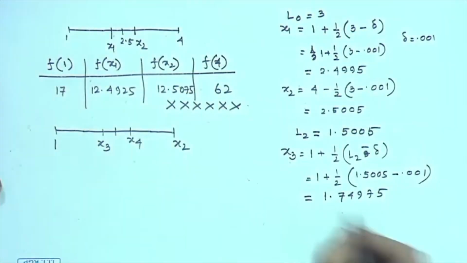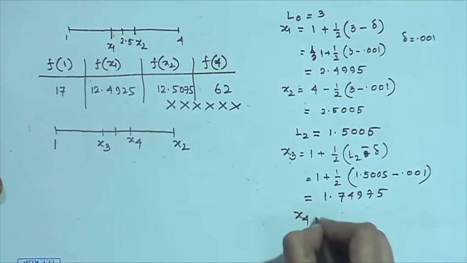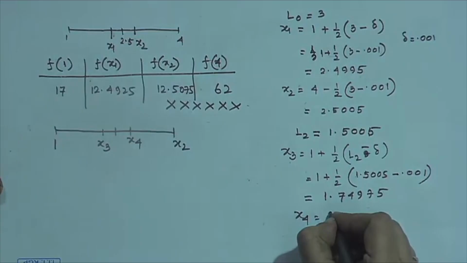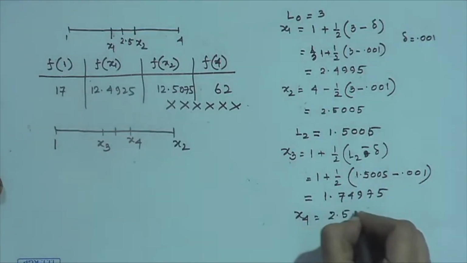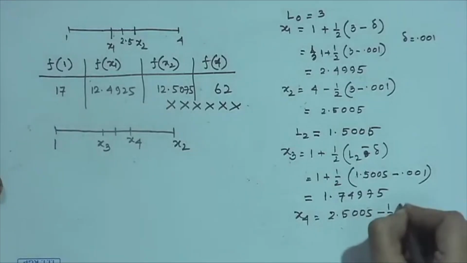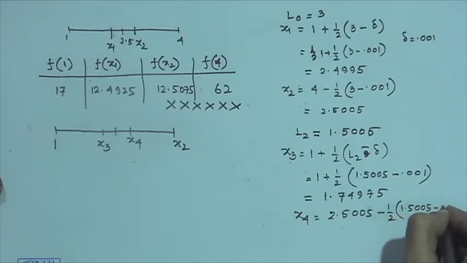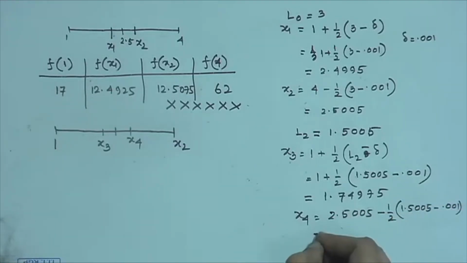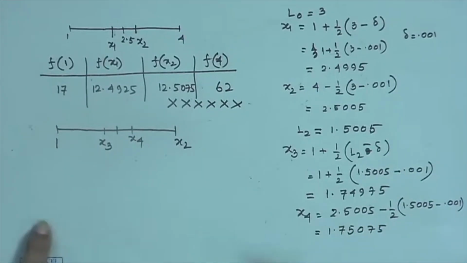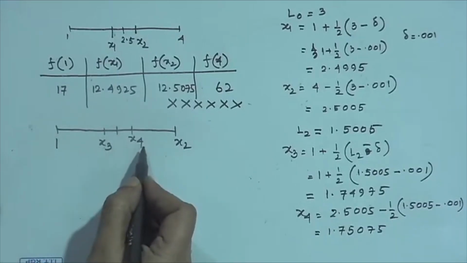Okay? And x4 is x2 minus half of L2 minus delta. What is your x2? 2.5005 minus half of 1.5005 minus 0.001, and this value is coming as 1.75075. All right. Then we will get x3 and x4.